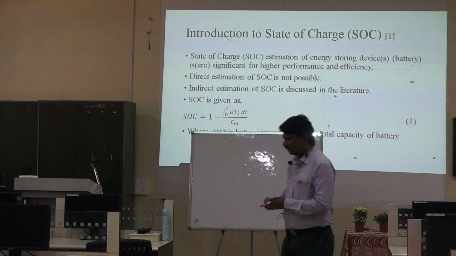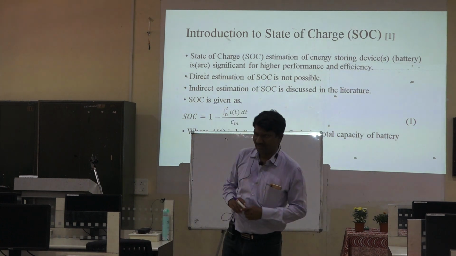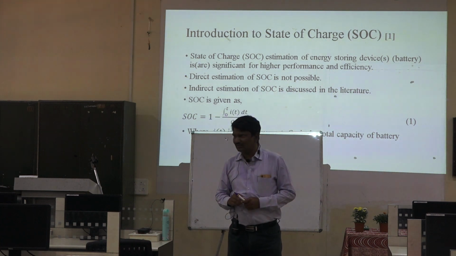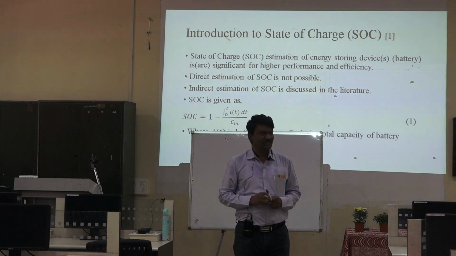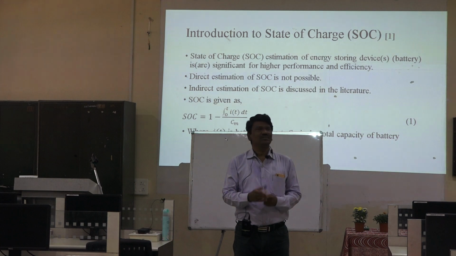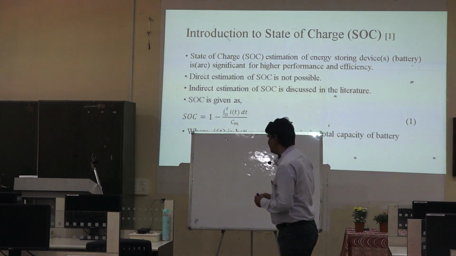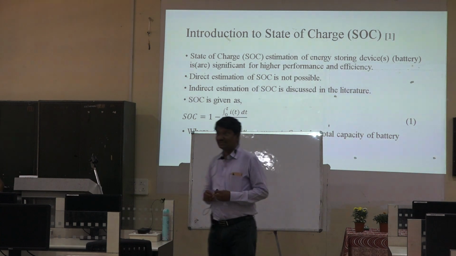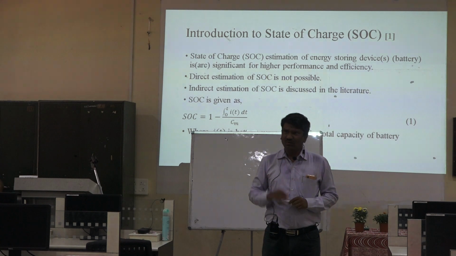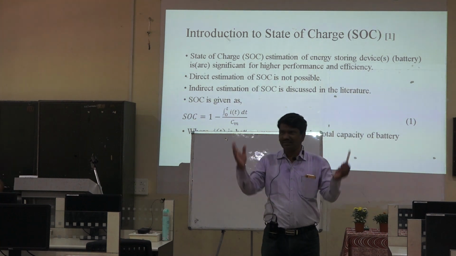Now, the problem is that we have to calculate an accurate value of SOC for electric vehicles running on the roads, and it is very difficult because we have to estimate the state of charge online. The conventional methods we have discussed are applicable only in lab work, in an experimental setup.